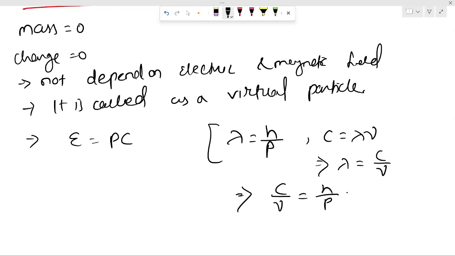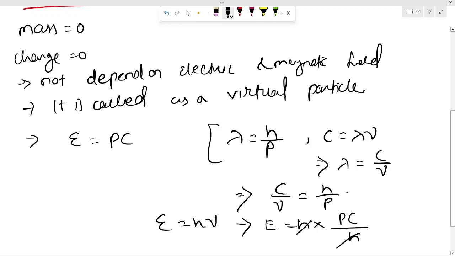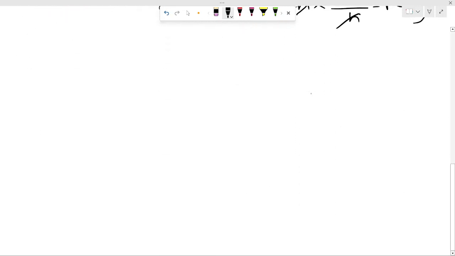And E is equal to h nu, the energy of photon. Putting the value of nu, E is equal to h into p c upon h. Cancelling, you get pc. This is how E is equal to pc comes.